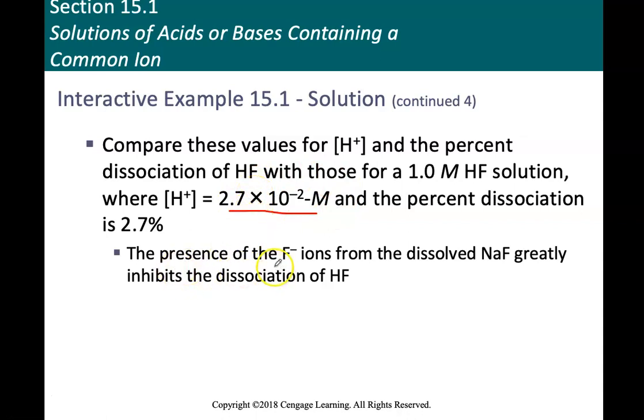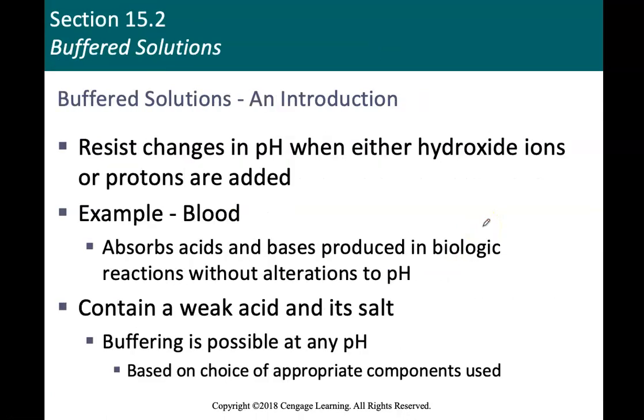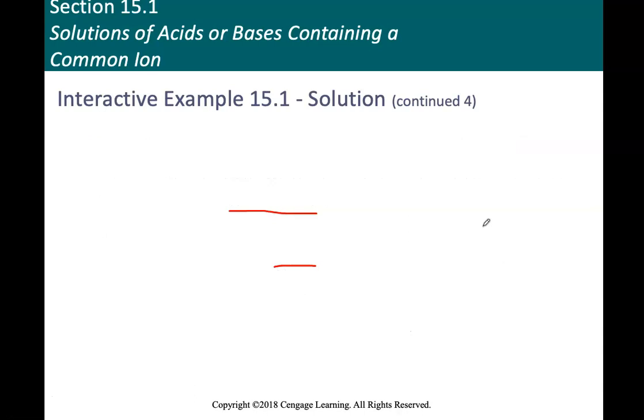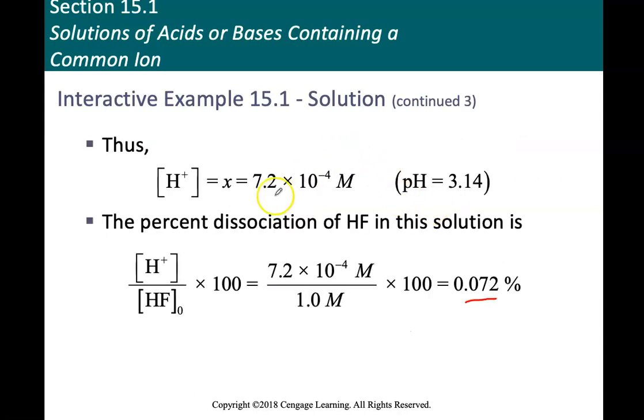Now, in the presence of the common ion, as we just calculated, what was the concentration? Let me go back. In the presence of the common ion, notice that this value is much, much lower. So you see what we mentioned at the beginning, that the common ion basically pushes the equilibrium to the left.